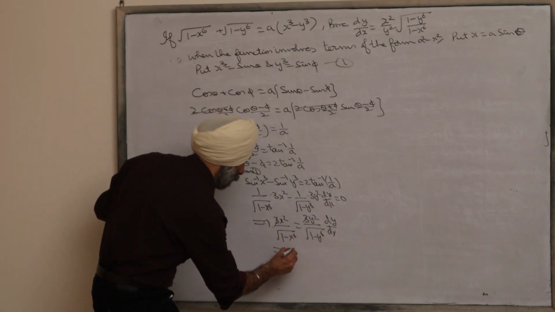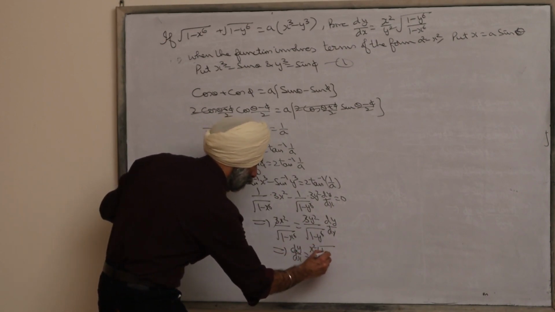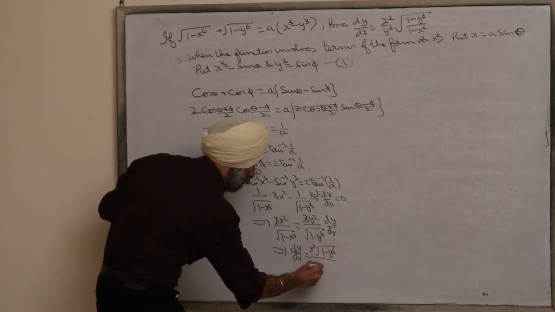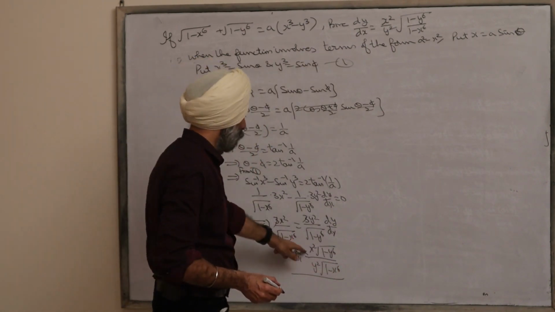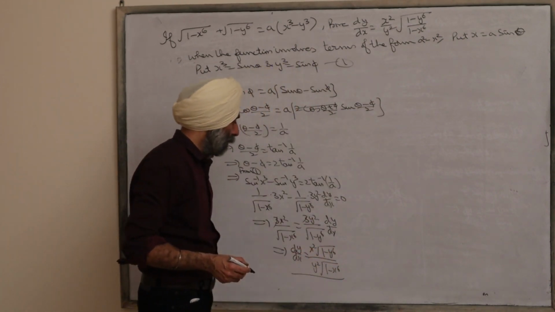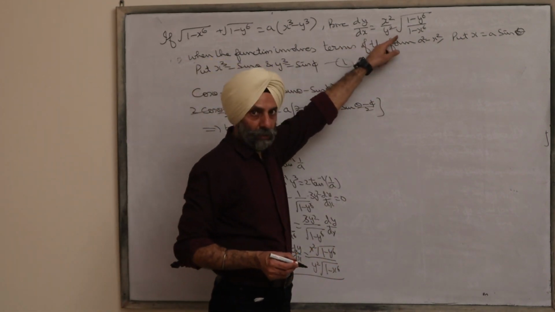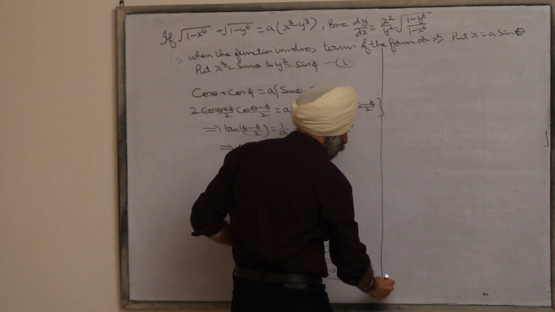Or this implies that dy/dx is equal to x² √(1 − y⁶) over y² into √(1 − x⁶), which was the required proof here.